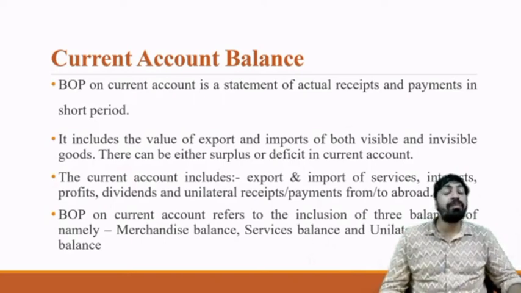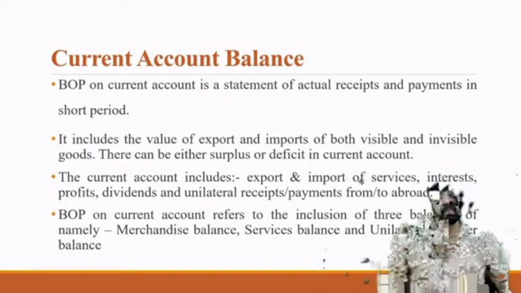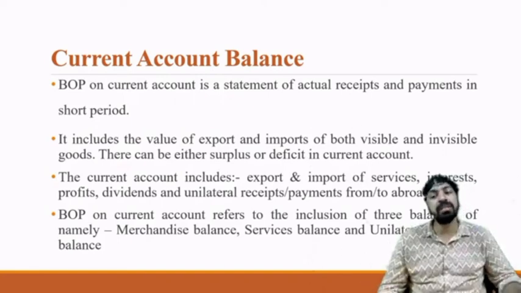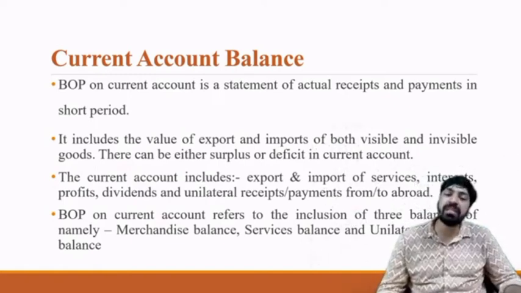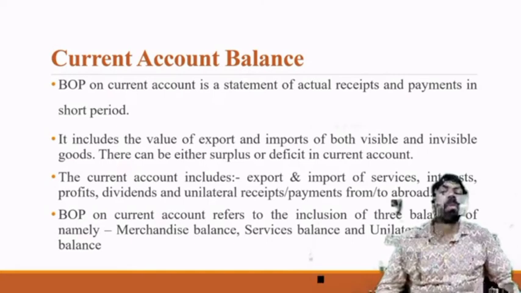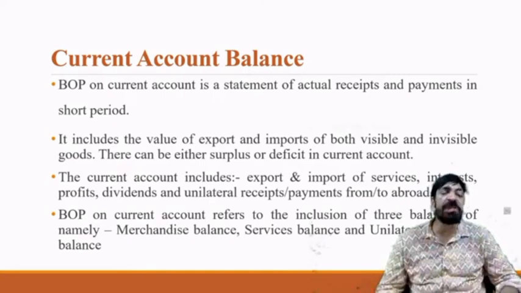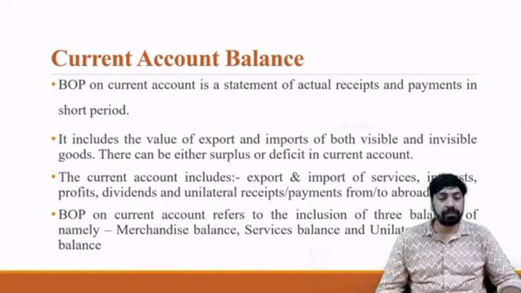We talk about the import and export of services, the interest charged on the import and exports of services, then the profits and dividends received, and unilateral receipts and payments from and to abroad.